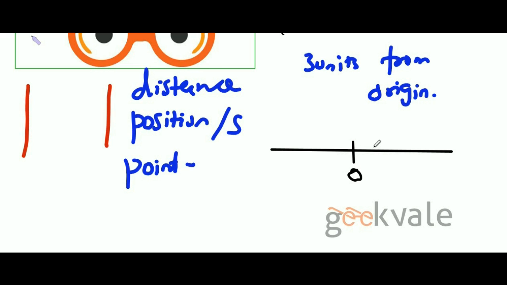Let's just stick to the one axis for now. Okay, so it could be 1, 2, 3, 1, 2, 3, and I will say that this location over here, plus 3, is 3 units from the origin. But wait, it could be position or positions. The absolute could represent position or positions which could be 3 units from the origin.